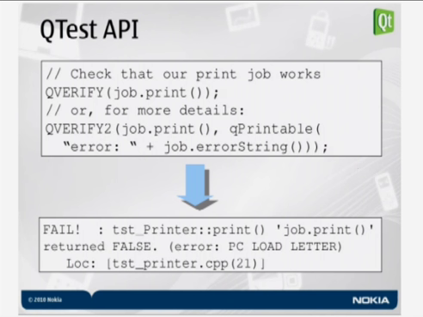In that case, I get a failure message like this. It tells me the code that returned false when it was expected to return true, and it outputs the extra string that I asked it to output. I highly recommend that you use this second form, QVERIFY2, whenever the thing that you're testing allows you to.